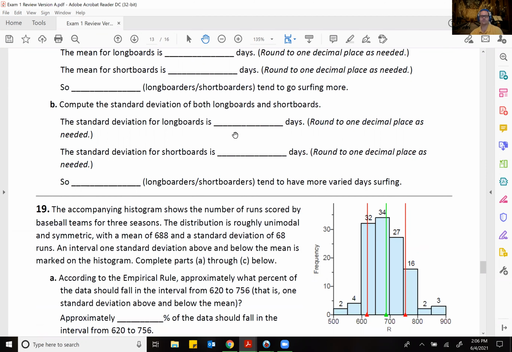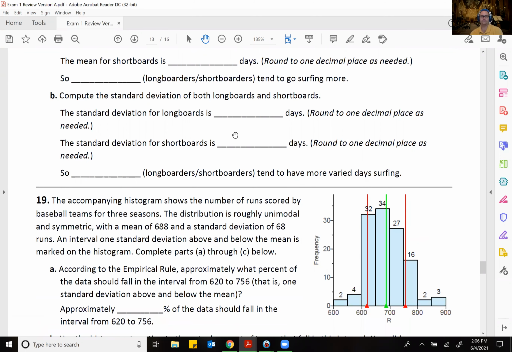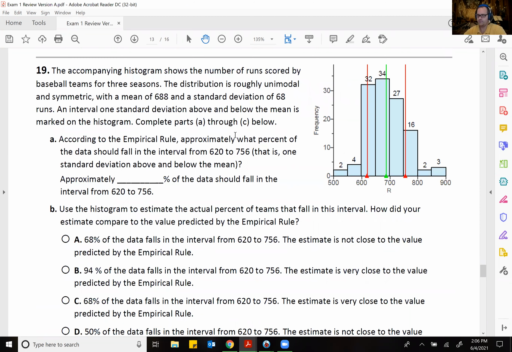All right, scrolling on down. We're getting there, we're almost done. 19. The accompanying histogram shows the number of runs scored by baseball teams for 3 seasons.